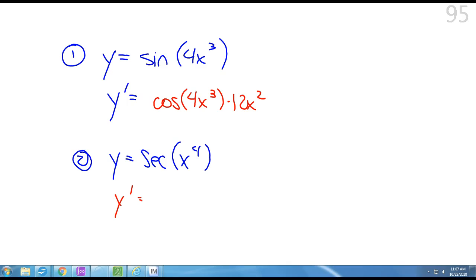Does that make sense? I know it's weird, but I think that makes sense. So what's the derivative of secant? Tan of whatever, sec of whatever, and you leave the little guy alone. So you just leave that little guy in both those spots. And then at the end, you multiply by the derivative of that x to the 4th. So it'd be times 4x to the 3rd at the end.